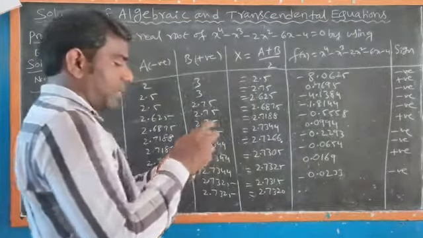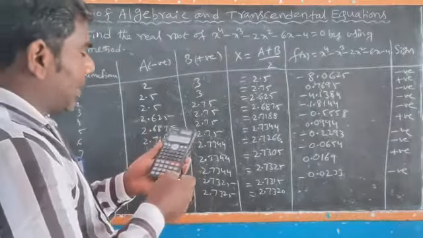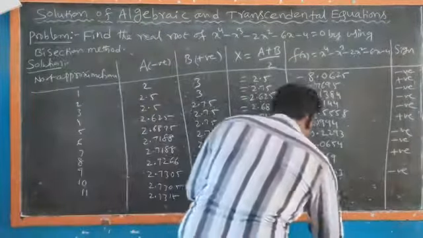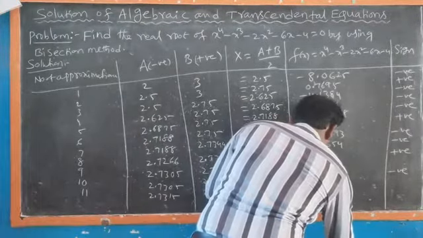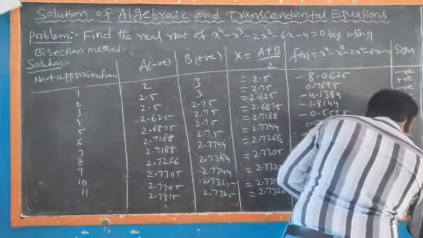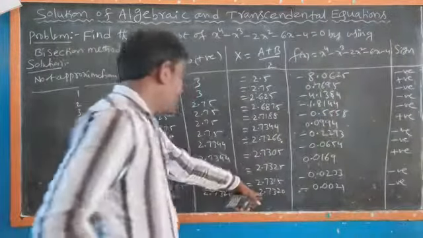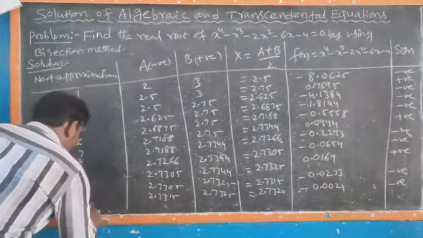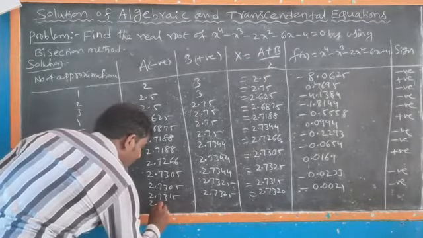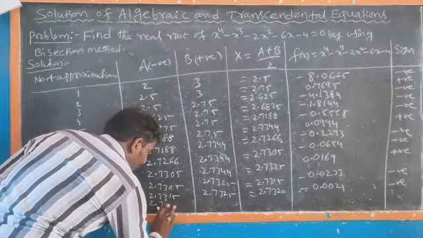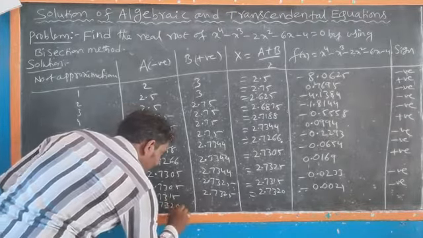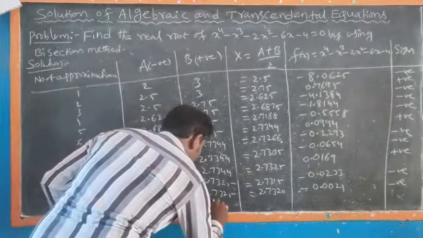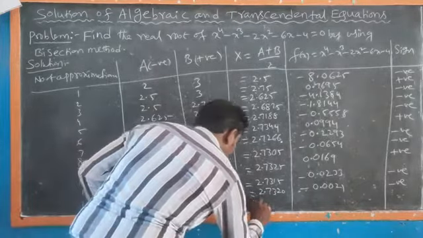Then substitute the x value in that function, then minus 0.0021, negative. So substitute the x value in a. This is the 12th approximation: 2.7320, 2.7325.